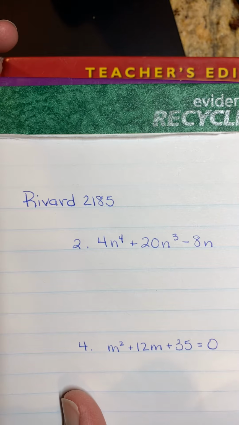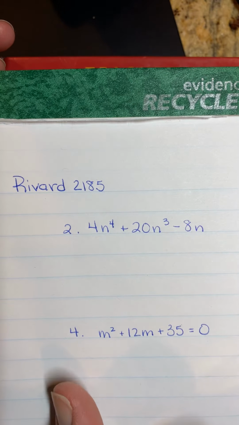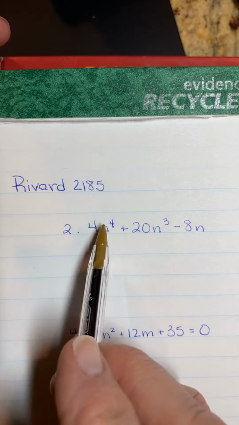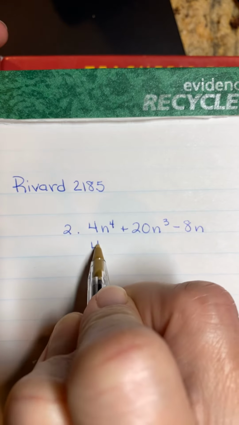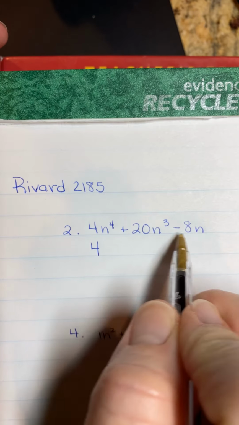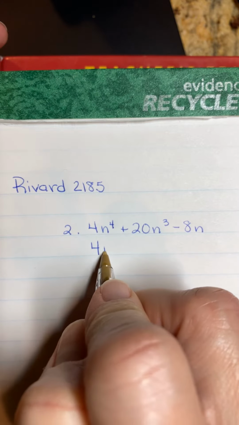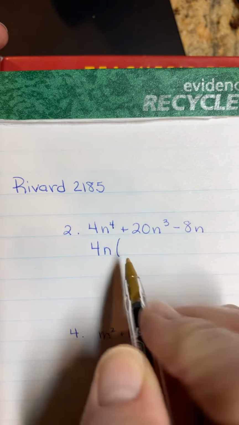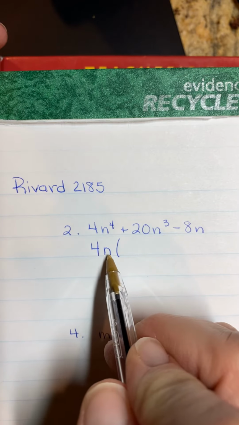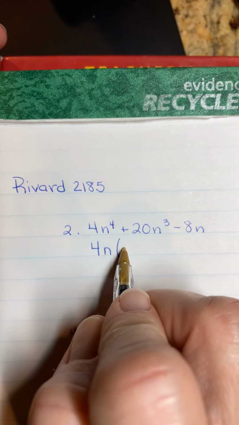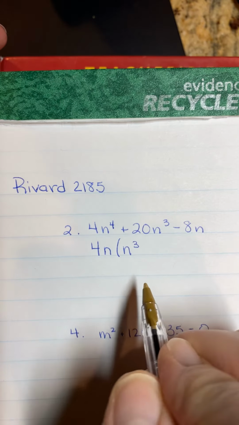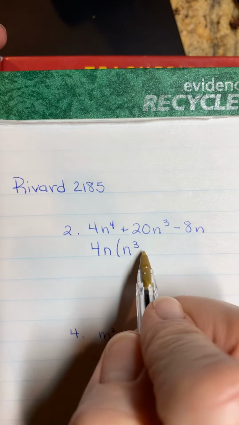Number 2, we have 3 terms. The greatest common factor of 4, 20, and 8 is 4. The greatest power of n that we have is just 1n. So 4n times what would give us 4n to the 4th? We need an n cubed here. 4 times what is 20?